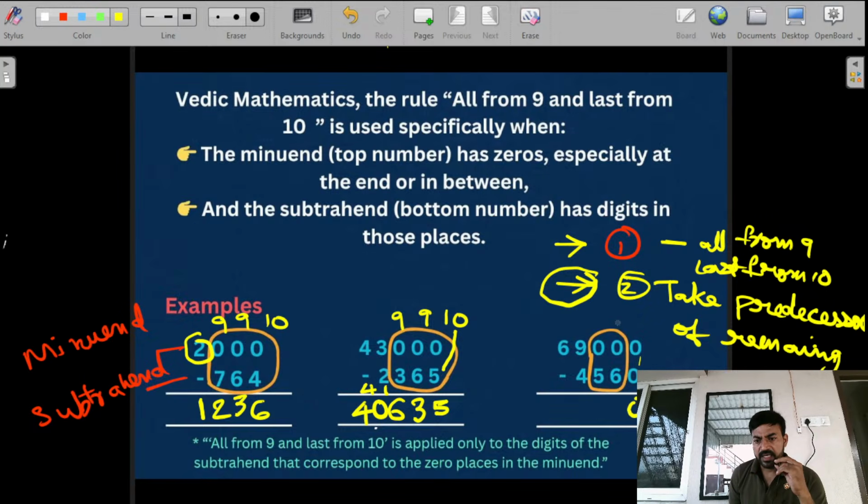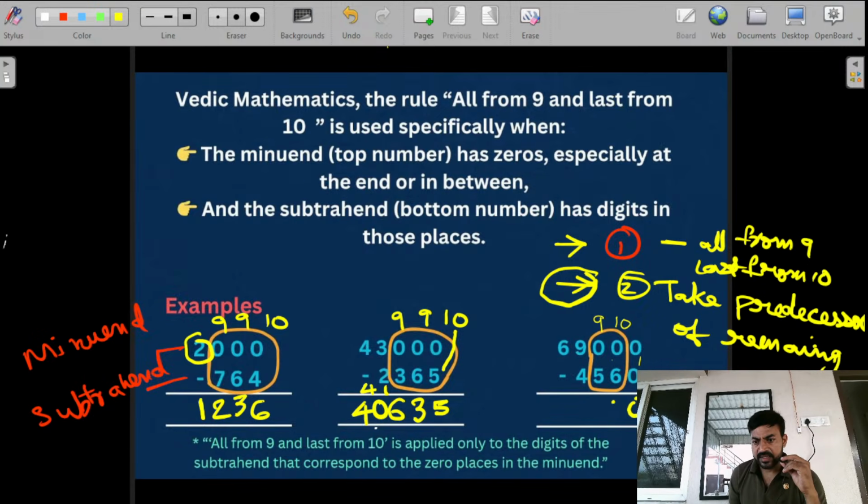See again here, zeros in the minuend and non-zero digits at the bottom in the subtrahend. So again apply the all from 9, last from 10 concept. This is 10 here, this is 9 here.